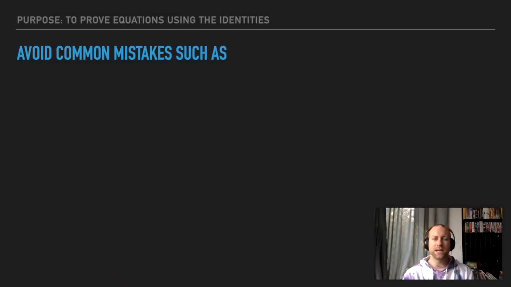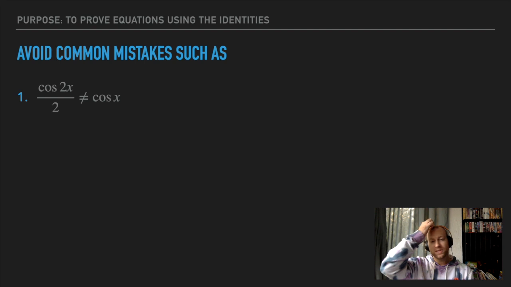And some common mistakes that you could see in this, so avoid stuff such as this. Cosine of 2x divided by 2 is not cosine x. You cannot divide by 2 because that 2x is inside the cosine. Just like if I had 2x in brackets all squared, you couldn't divide that by 2. It just doesn't work.